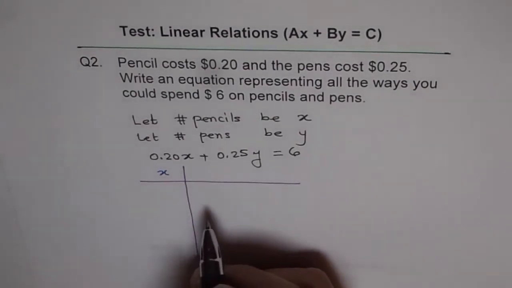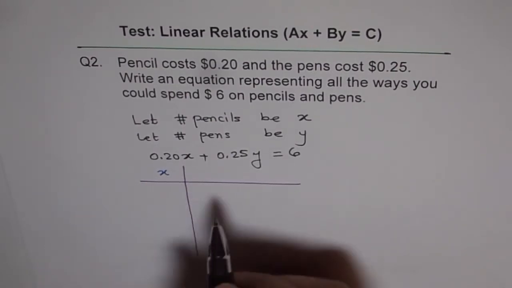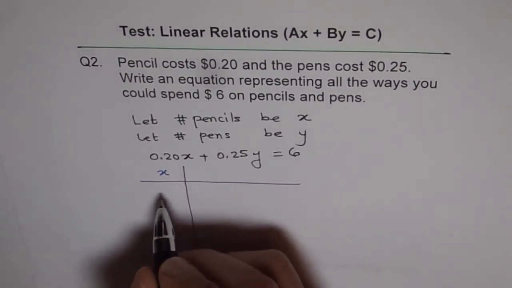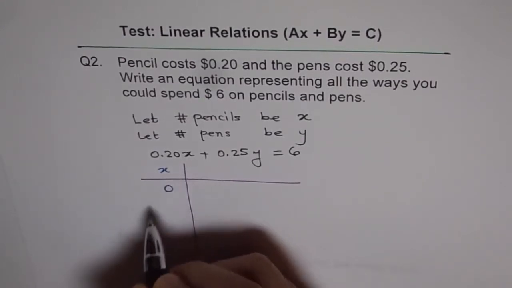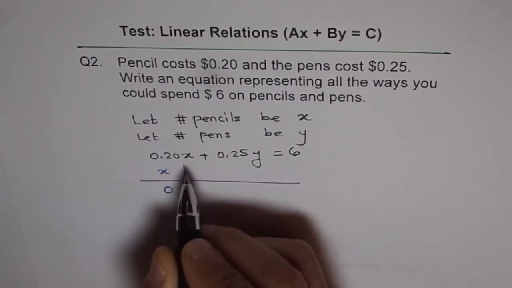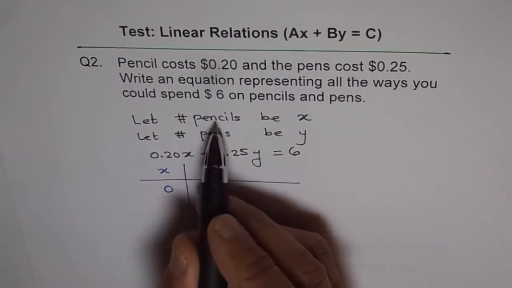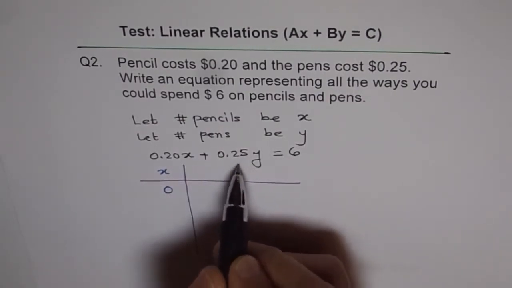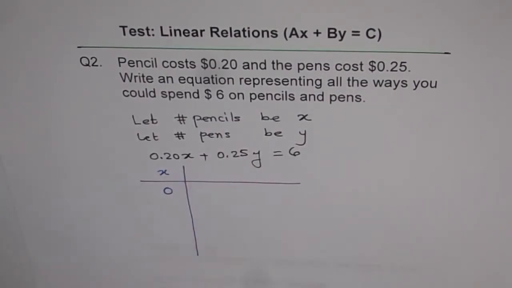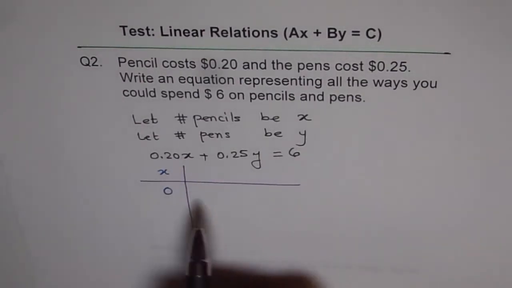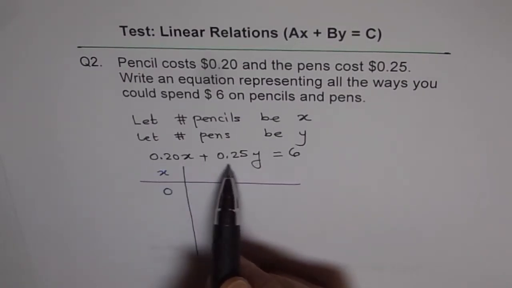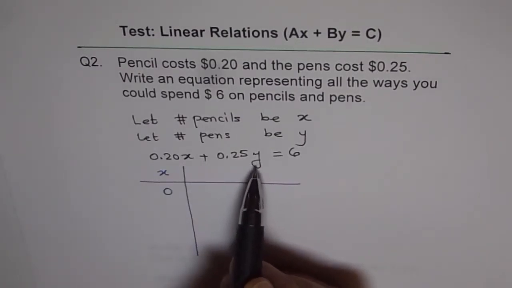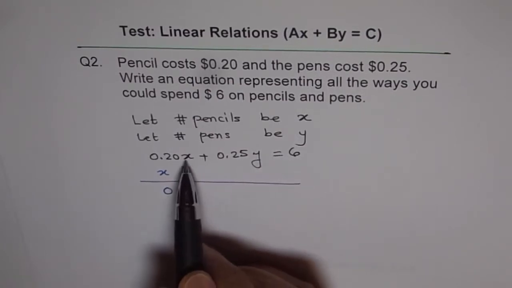So for example, if I write x as 0, that means we don't buy any pencils. Then how many pens can we buy for $6? That is what the question is, right? Since we are doing a calculation to find the number of pens, let's rearrange this equation and find y in terms of x.